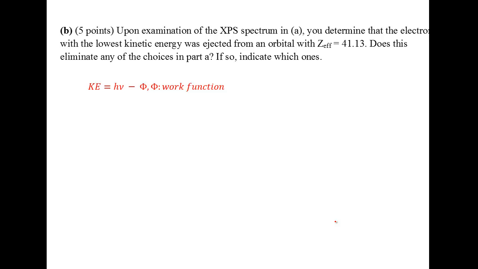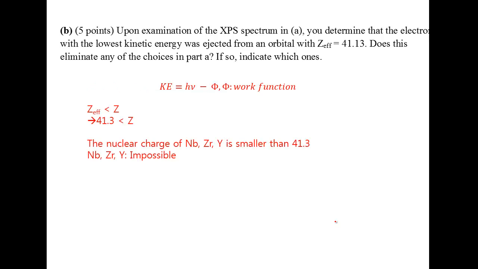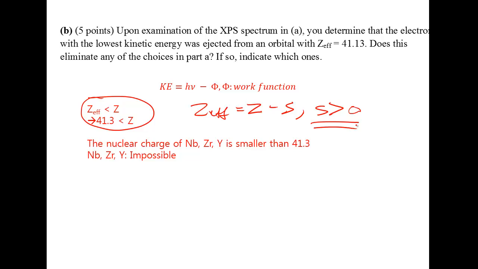Now, you determine that the electron with the lowest kinetic energy has the Z effective of 41.13. From this fact, you have to eliminate some candidates for the unknown atom. Z effective has to be less than Z, because Z effective is Z minus S, and S is greater than 0.